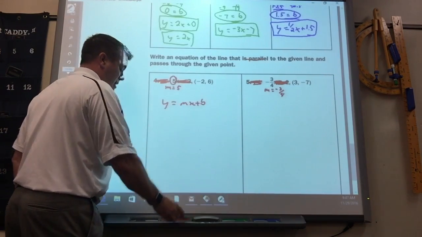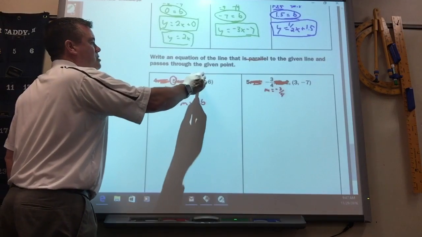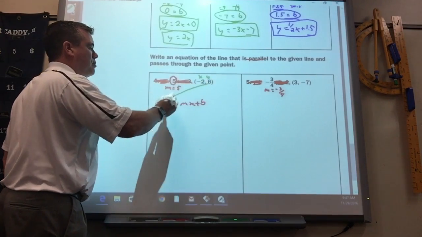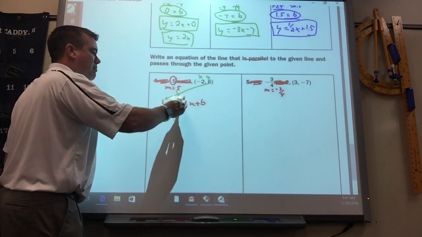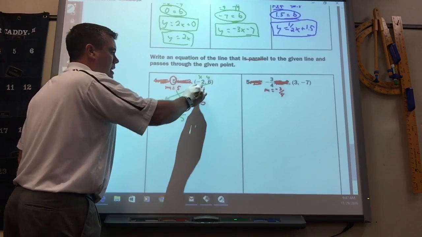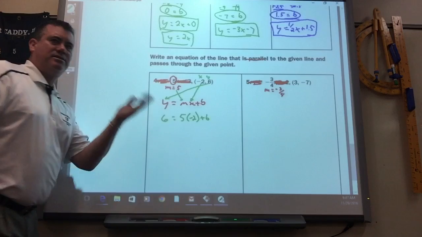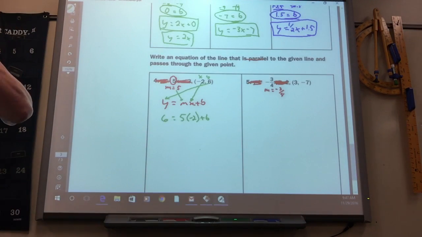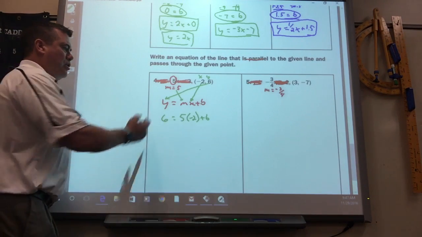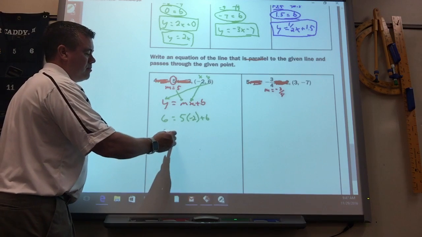We got to figure out what b is. That's x, that's y, so put 6 in for the y, 5 in for the m, negative 2 in for the x, plus b. That's the nice thing, is they're always done the same exact way. There's nothing different. You end up doing this every single time.